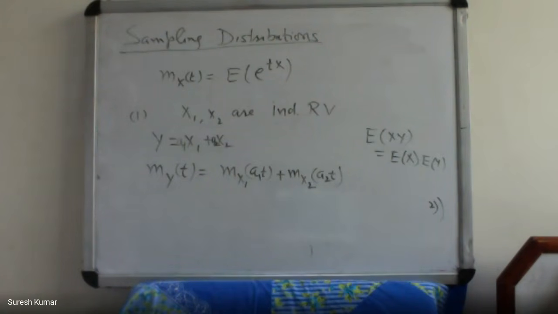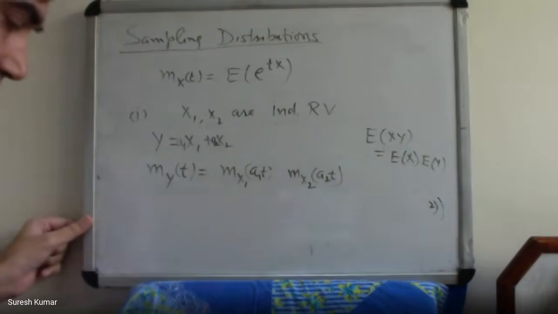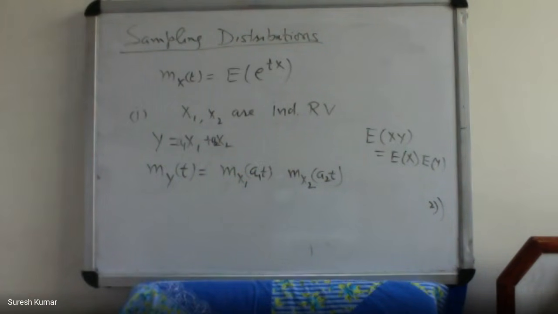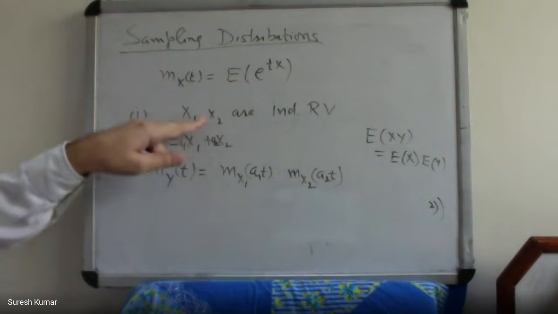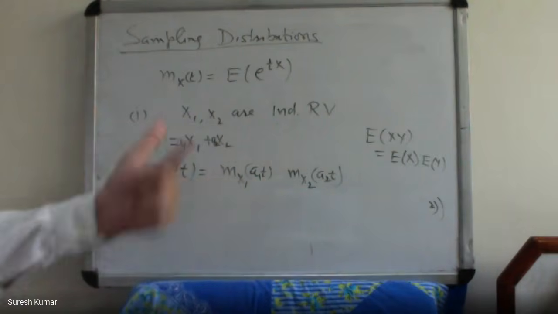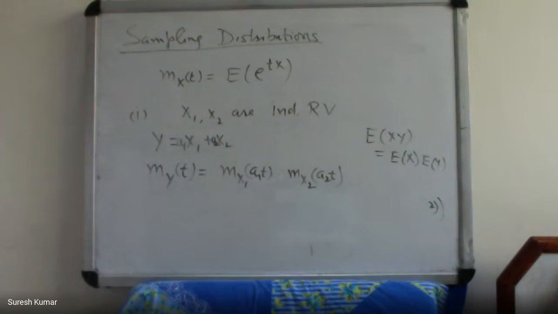Note down this result. For a linear combination, the moment generating function is given by this product, not summation, it's product. Okay. Moment generating function of a linear combination of two independent random variables is given by this expression. It can be extended to any number of independent random variables. All right.